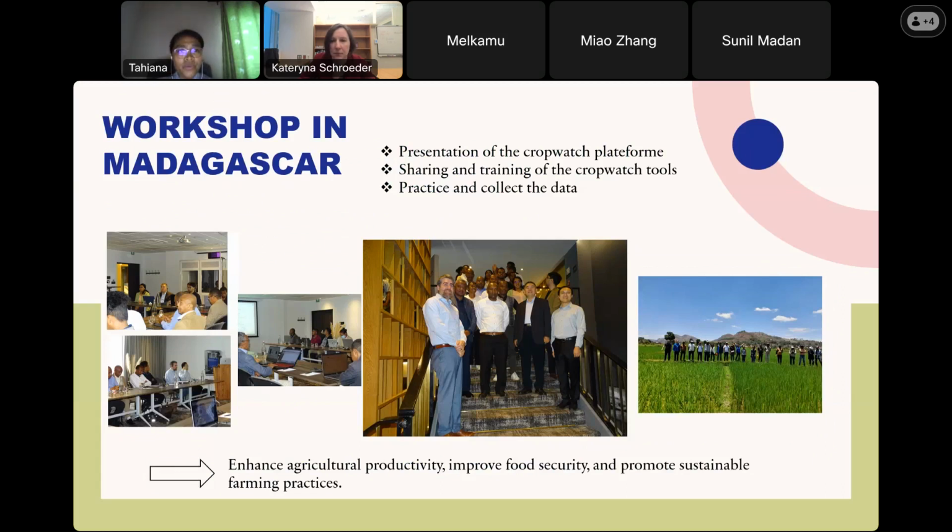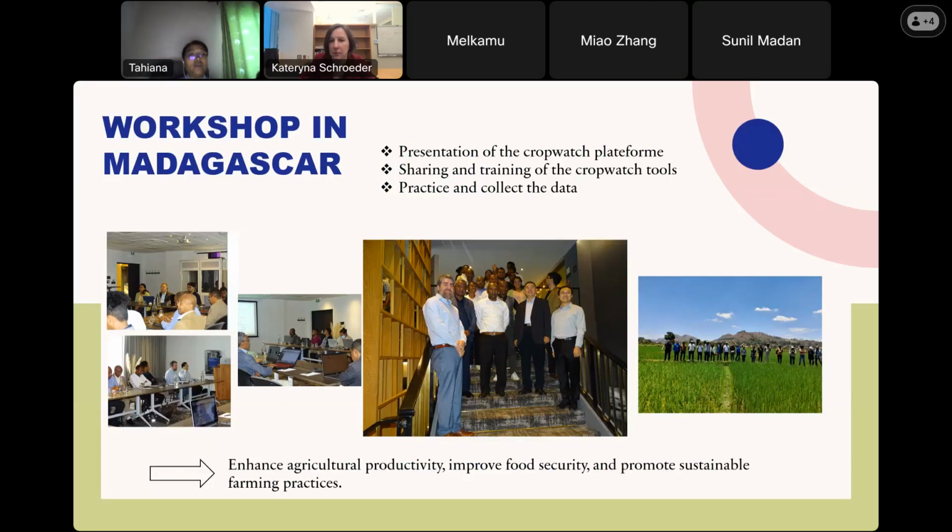Madagascar has the privilege of hosting the CropWatch team and the World Bank team for presenting, sharing, and teaching the powerful tools of the CropWatch platform.